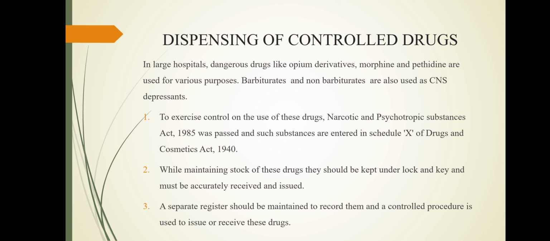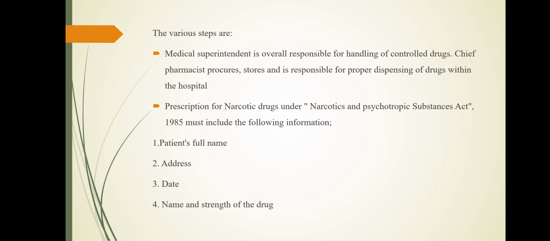While maintaining these drugs, they should be kept under lock and key. Then a separate register should be kept for the issuing and receiving of the medications. The medical superintendent will be the responsible person for handling controlled drugs. After him, the chief pharmacist will be responsible for procuring, obtaining, and proper dispensing.